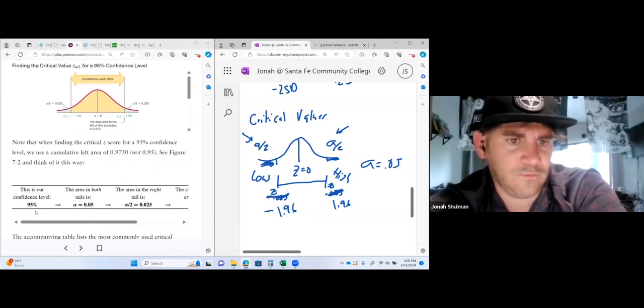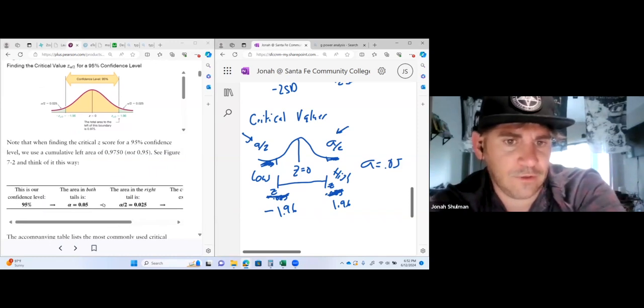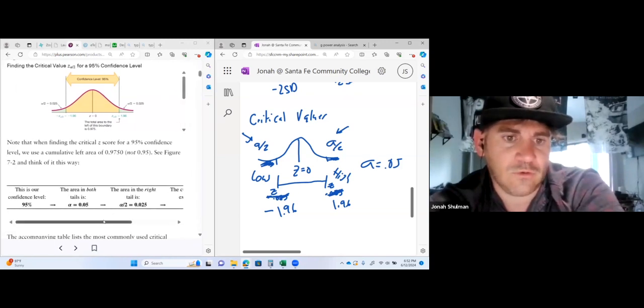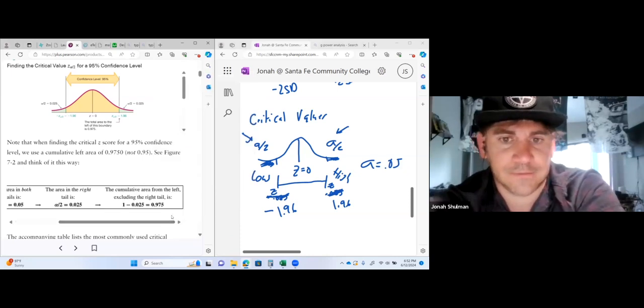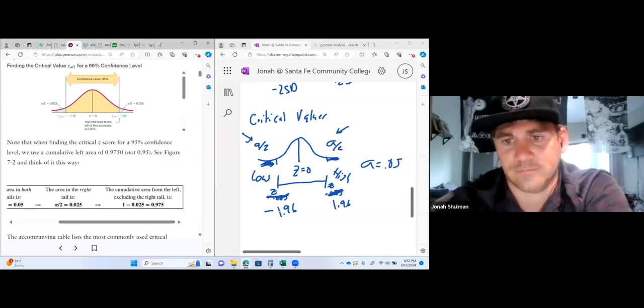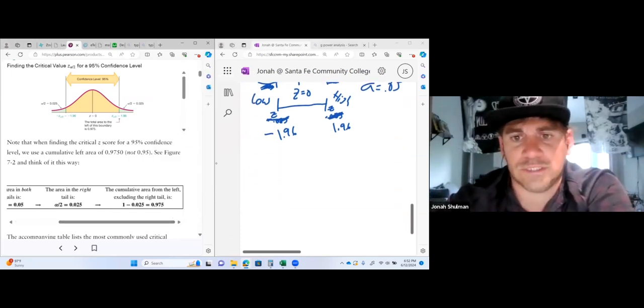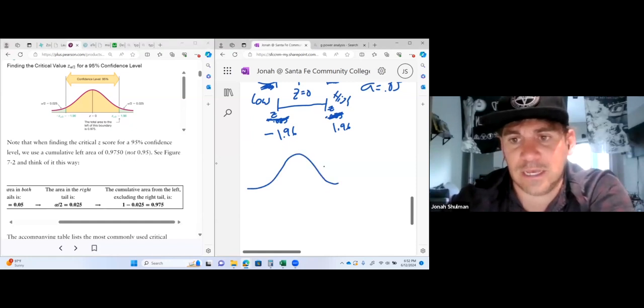So if we're confident at 0.05, the right tail is 0.025. We just want everything to one side.